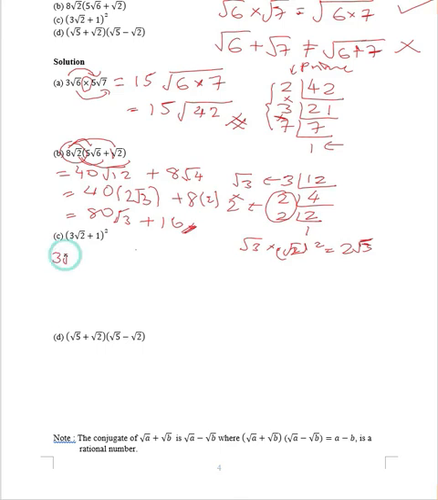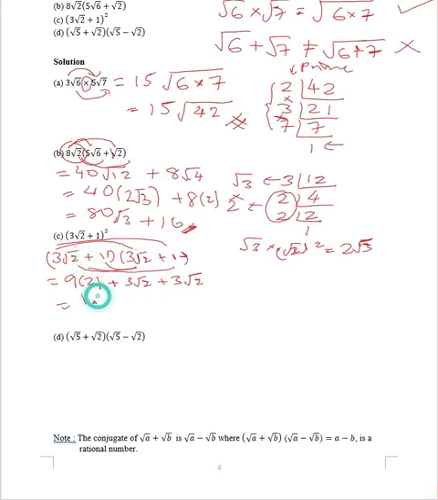So we have these two brackets, to solve this, just expand. 3 times 3 is just 9, root 2 times root 2 is just 2, and then 3 times 1 is just 3 root 2, 1 times 3 root 2 is just 3 root 2, because 1 times 3 root 2 is 3 root 2, 3 root 2 times 1 is just 3 root 2.